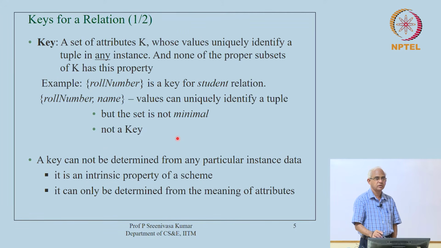What is the worst case? The worst case scenario is to take the entire set of attributes. The entire set of attributes will act like a key because it is a set of tuples. So, in any case, if you take the entire set of attributes, that is the worst case, but oftentimes you will find some subset of the set of attributes which will have this property.